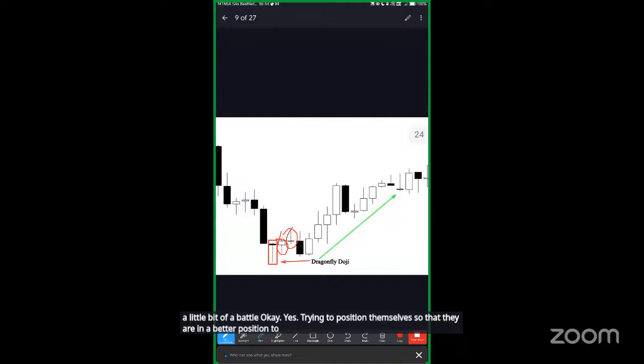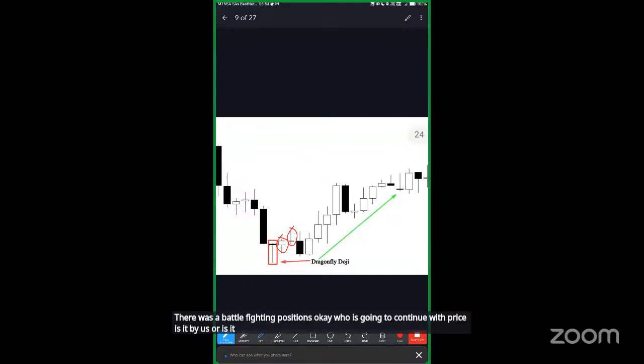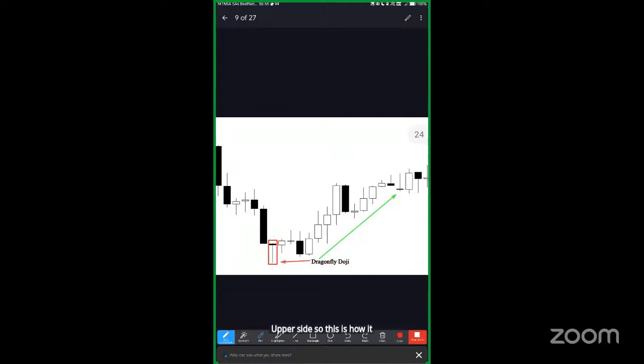You can see that after the appearance of this dragonfly doji, there was a battle of fighting positions. Who is going to continue with price, buyers or sellers? But you can see that at the bottom of the day, the buyers managed to push the price to the upper side. So this is how it looks when you go to your TradingView.